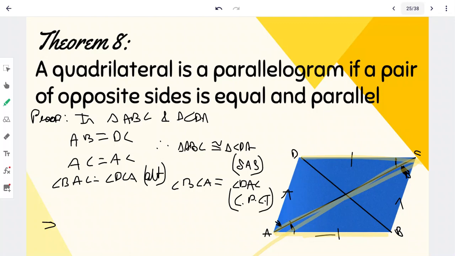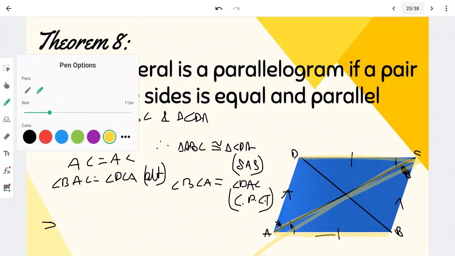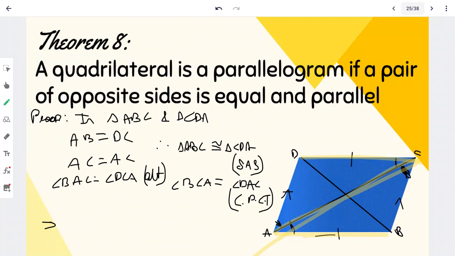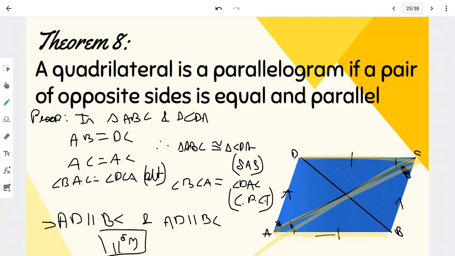At the points, again a Z form is being made, correct? So what are the angles then? Again Z form. So AD is parallel to BC and AB is even parallel to CD, correct? They both are parallel, right? The opposite sides are parallel, hence it is a parallelogram. Okay, it is a parallelogram.